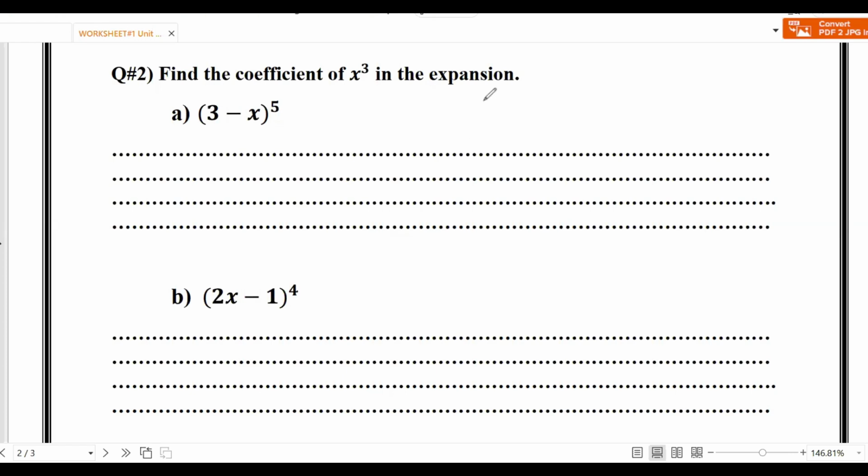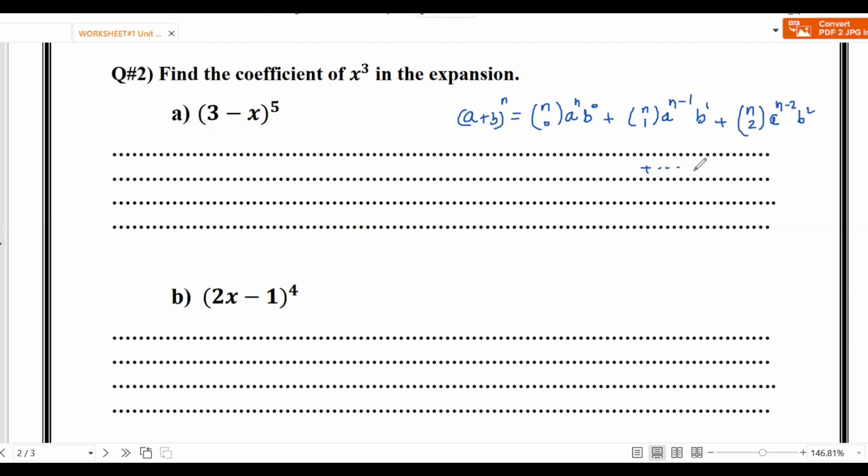And the binomial expansion is, if you have a plus b whole power n, we start with n choose 0 and start with the highest power, which is a power n and b power 0. Then n choose 1, a power n minus 1, and then b power 1, and so on, up to n choose 2, then a power n minus 2, b square, and so on.